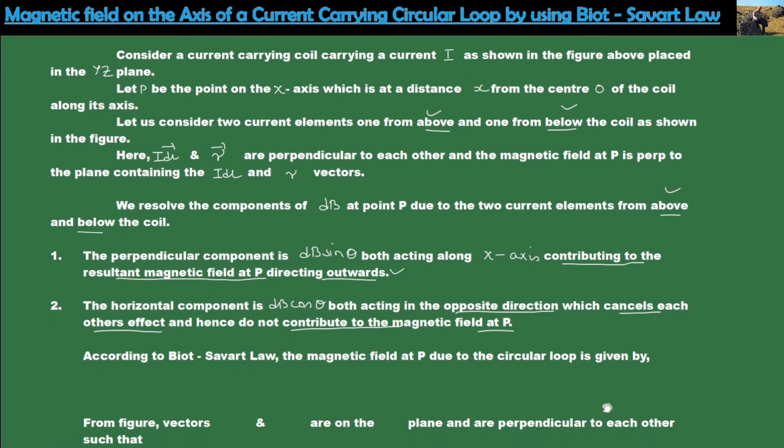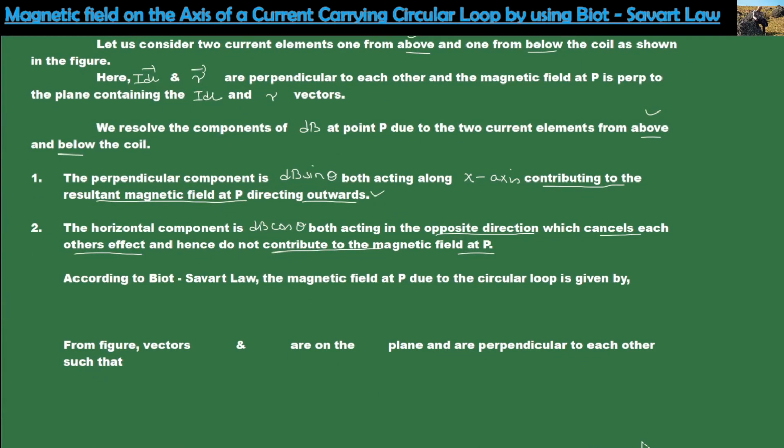Then from here you have to apply Biot-Savart's law. So what is Biot-Savart's law? Biot-Savart's law is given by that relation: dB is equal to mu naught divided by 4 pi, I dl cross r bar, divided by r cube.